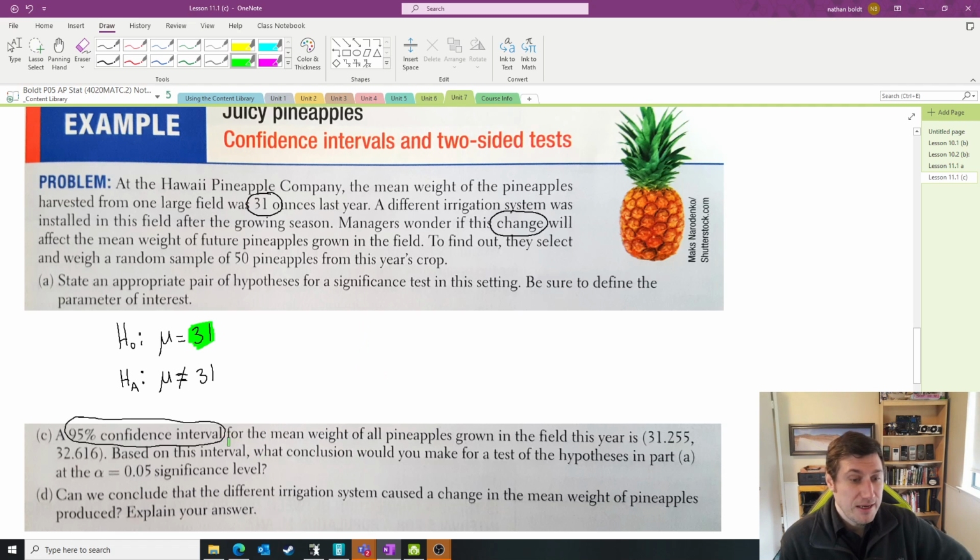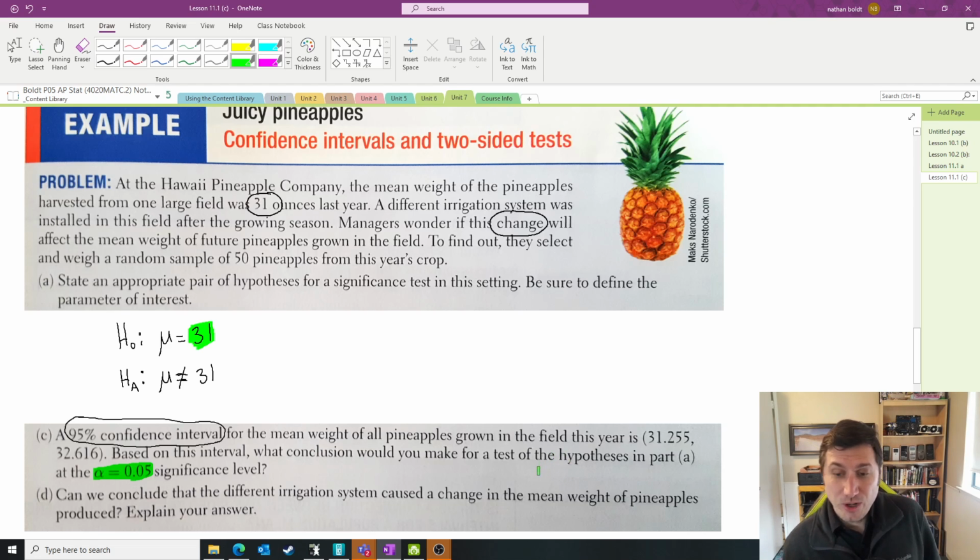So, a 95% confidence interval for the mean weight of all pineapples grown in the field this year is 31.2 to 32.6. Based on this interval, what conclusion would you make for a test of the hypothesis in part A at the 0.05 significance level?